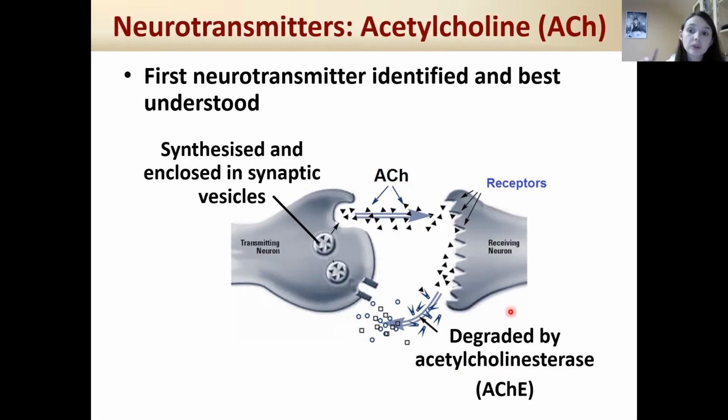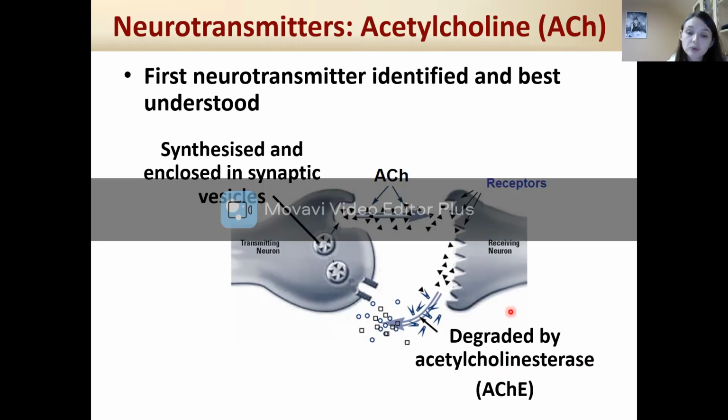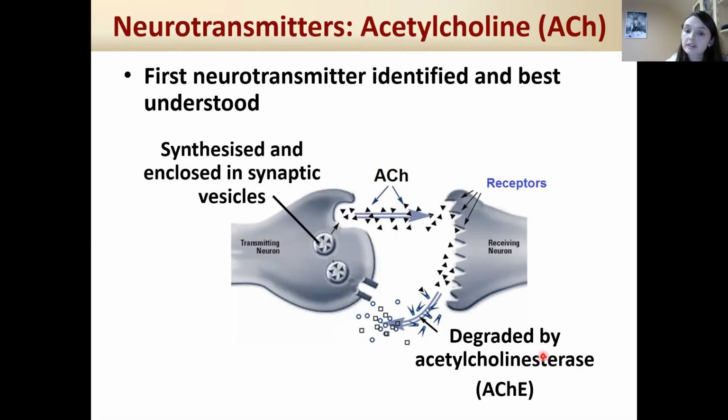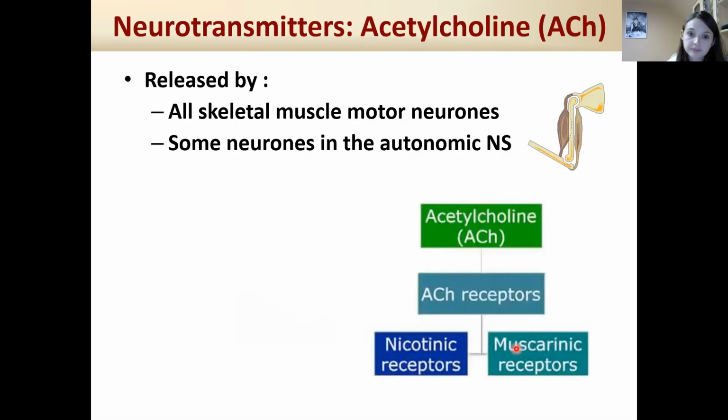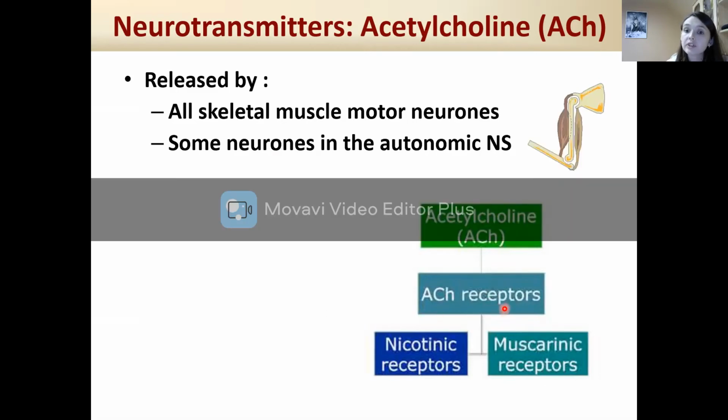My advice for you is to remember this acetylcholinesterase enzyme which inactivates the neurotransmitter, because further we are going to stop on this enzyme in more detail. Acetylcholine binds to acetylcholine receptors. What kind of acetylcholine receptors do we have?